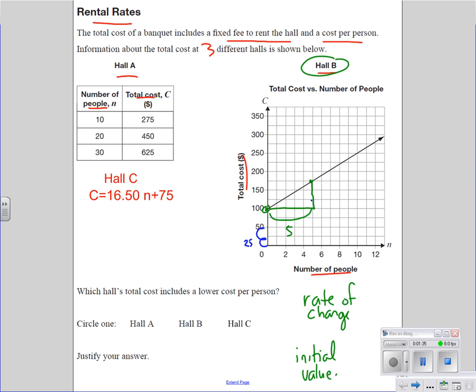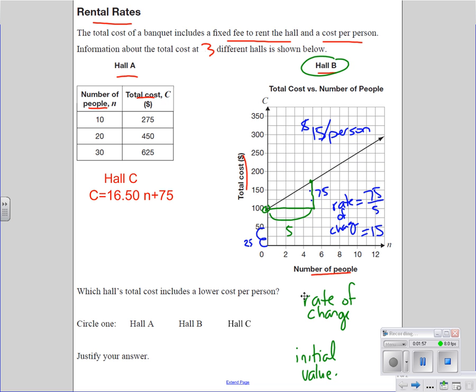So 3 grid lines is 25, 50, 75. So the rate of change will be the rise over the run, 75 over 5. The rate of change is 15. So that means that it's $15 per person at this banquet.